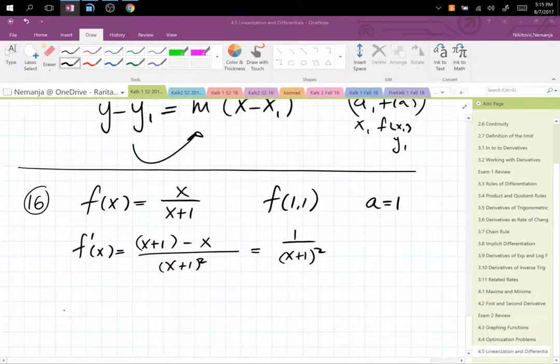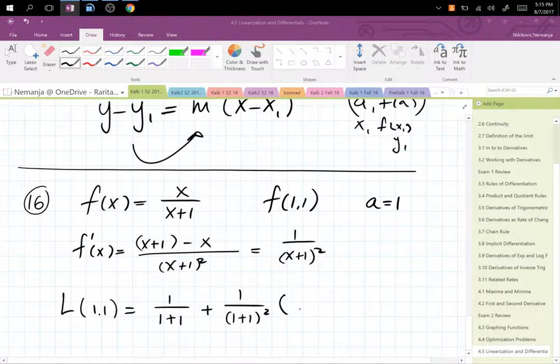So now, how much is the linearization for 1.1? Right, what's the formula? Its original function computed at 1, so 1 over 1 plus 1, plus the derivative computed at 1, which is 1 over 1 plus 1 squared, times x, which is 1.1, minus a, which is 1. So this is your x, 1.1.